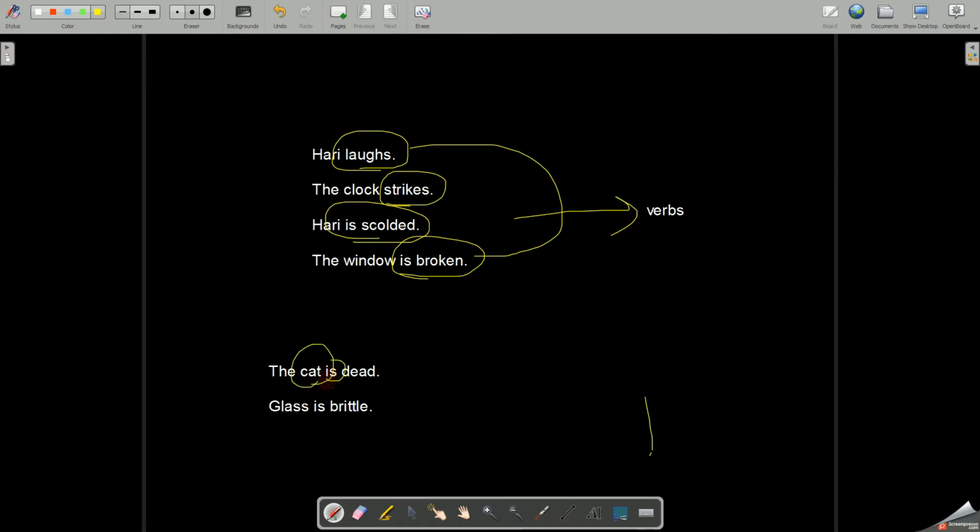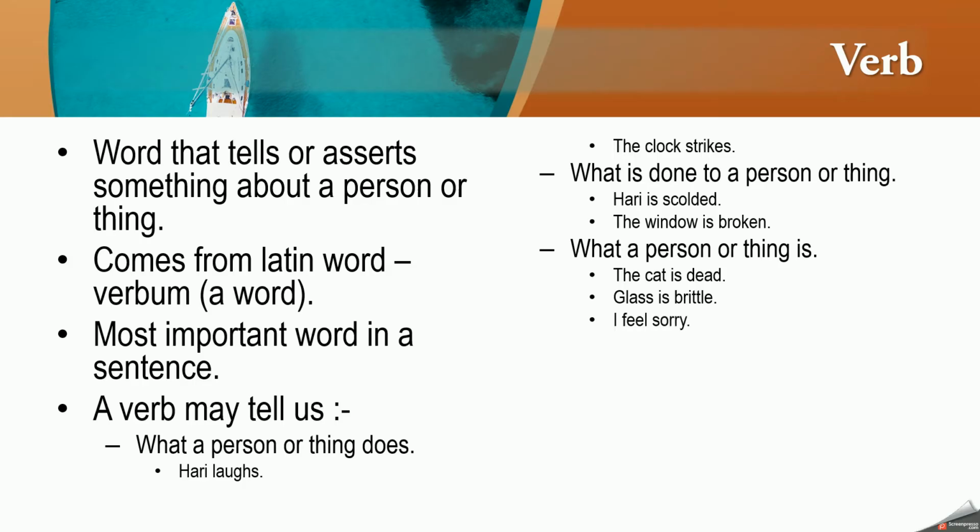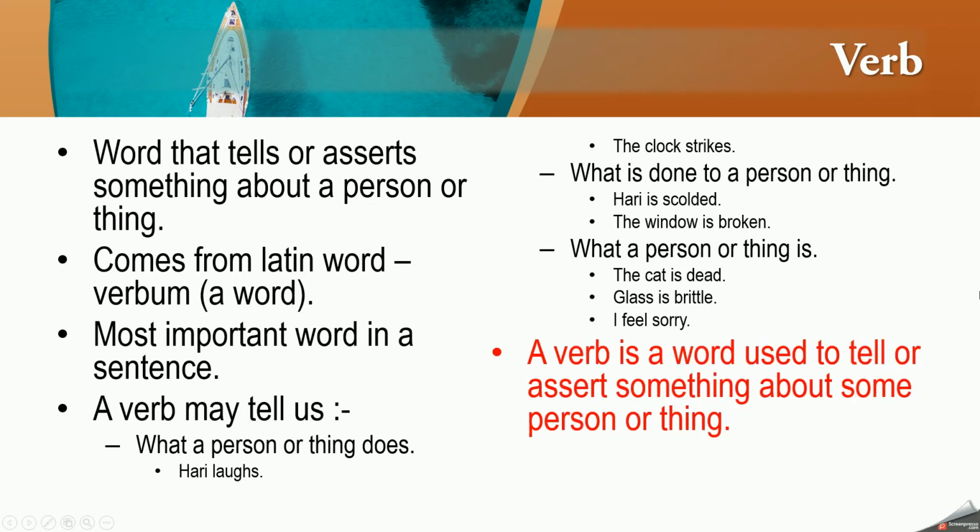So these are also verbs. I feel sorry. So I feel is the word. So a verb is a word used to tell or assert something about some person or thing.